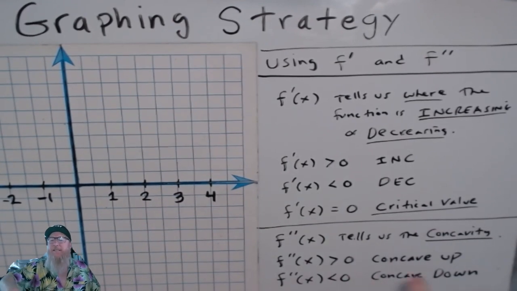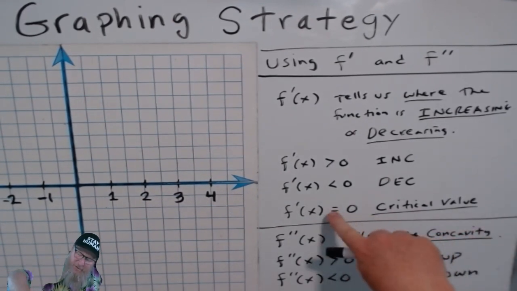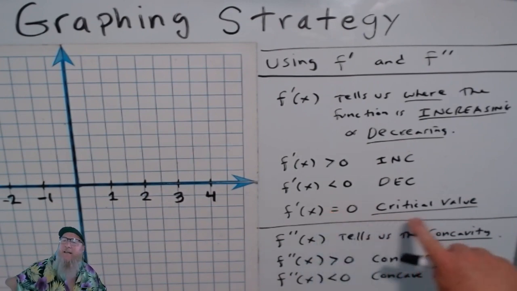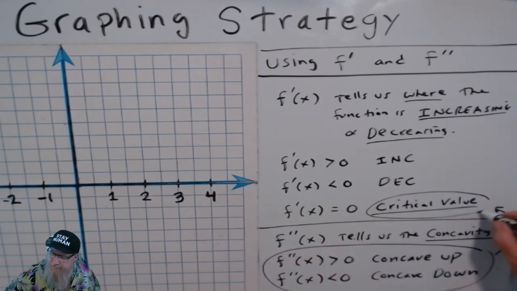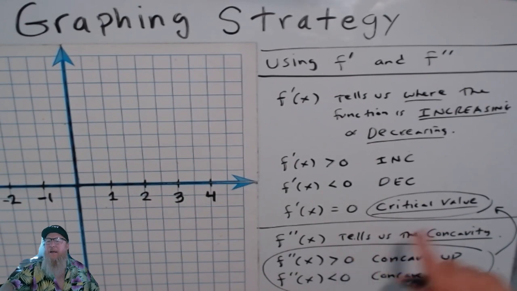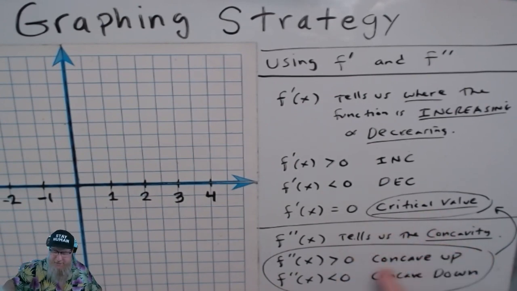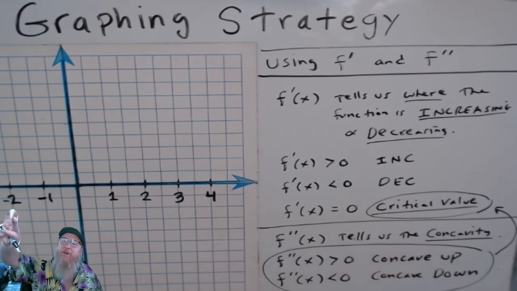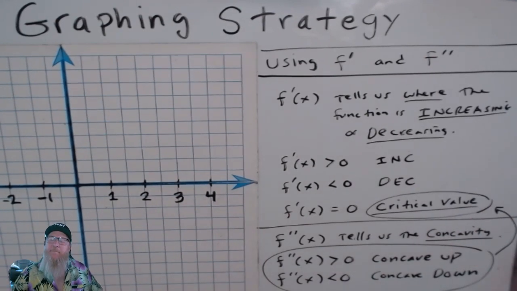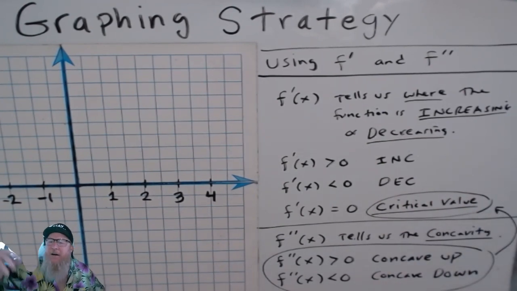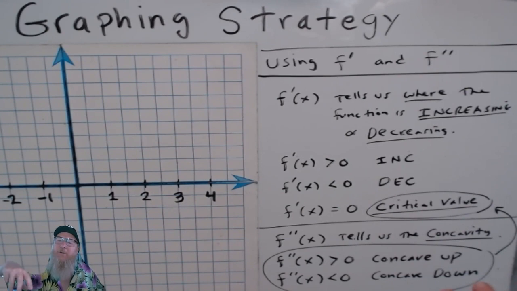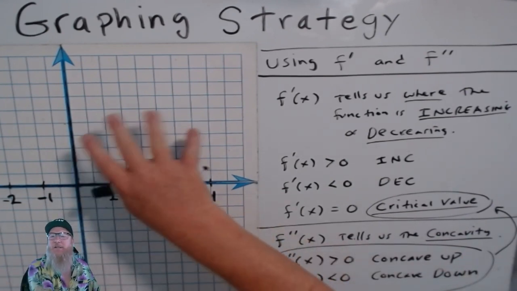We can use this information in conjunction with the first derivative to tell us the importance of this critical value. If the critical value produces a second derivative that's positive, then it's shaped like the letter U, and we would have what we call a local min, or a local minimum. If the critical value produces a second derivative that's negative, concave down, it would create a local maximum. I'll draw some pictures of that in just a second.